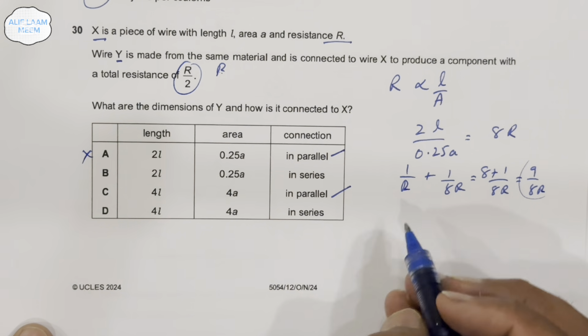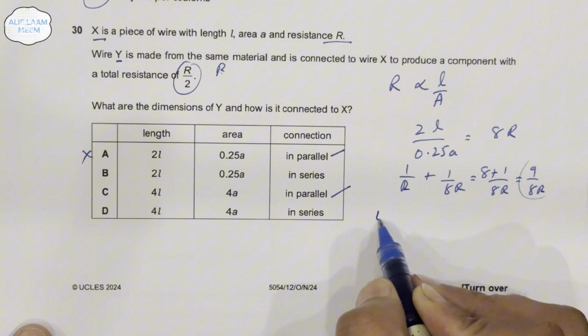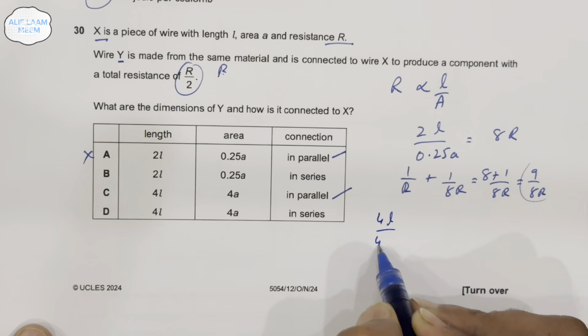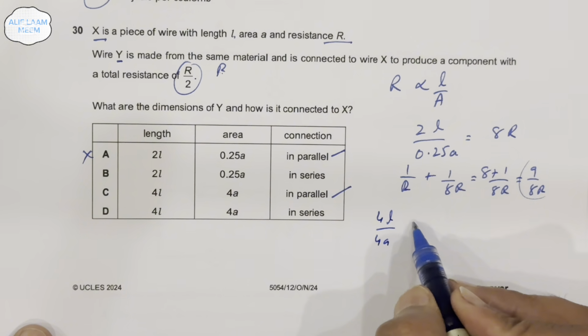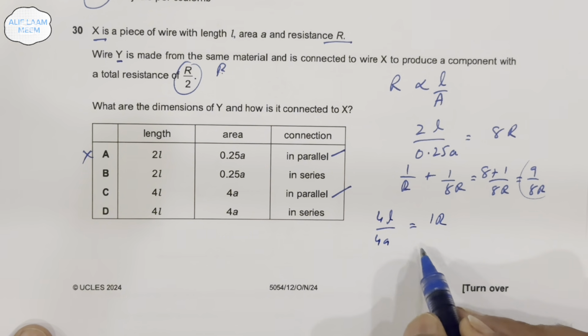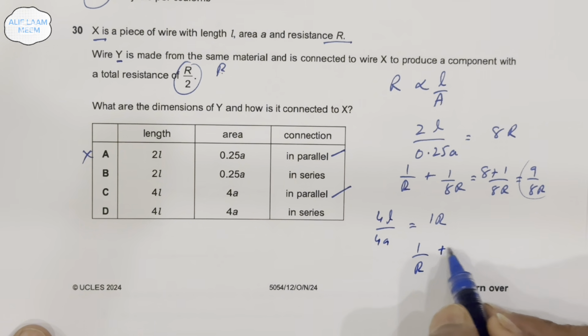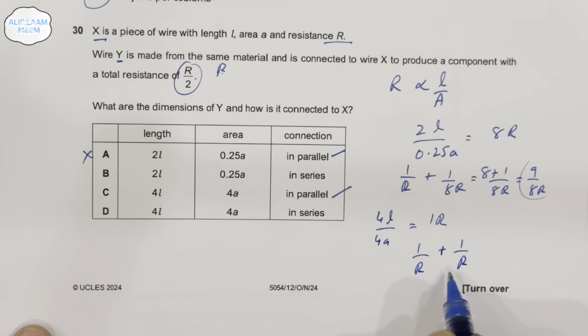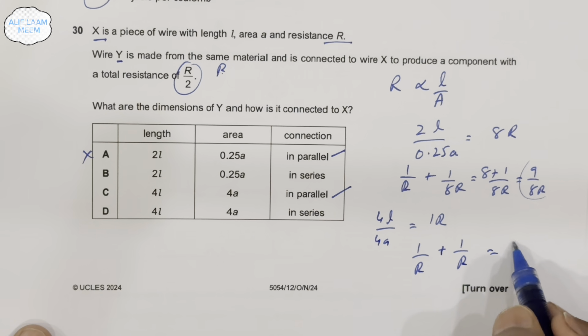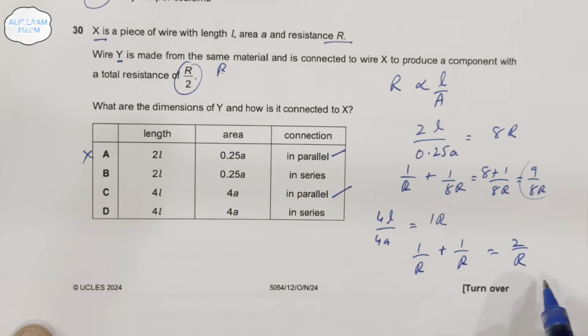Now we have to check option C as well. 4L over 4A, by putting those values we get the value that is equal to 1R. If the resistance of X is R and of Y is R, the equivalent resistance for the parallel case is calculated by taking the reciprocal: 2 by R, and then the reciprocal of 2 by R is R by 2.